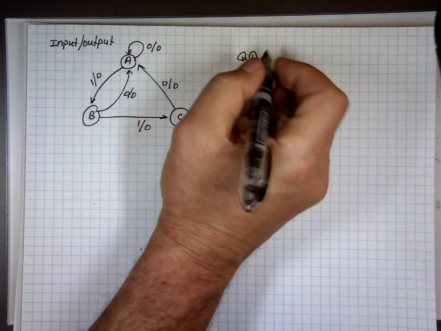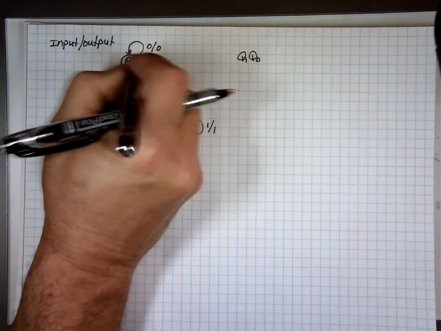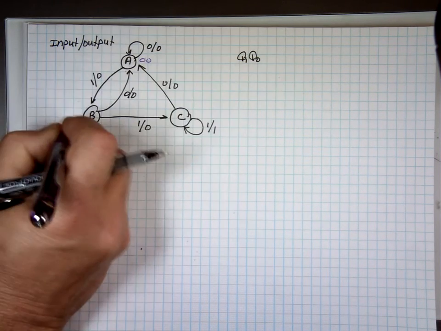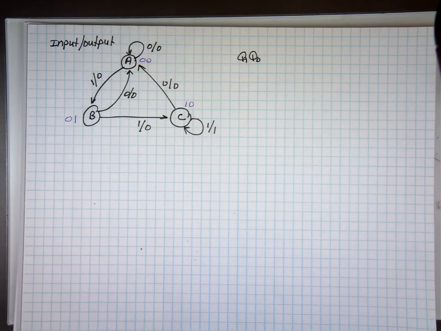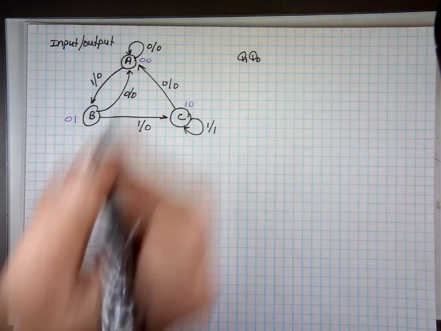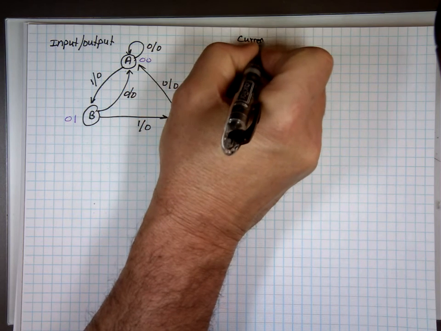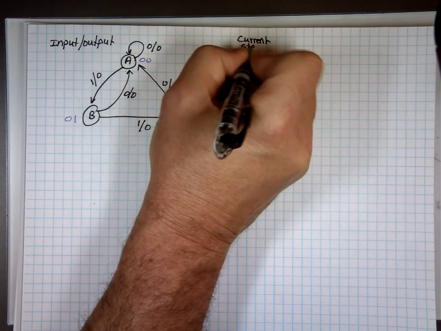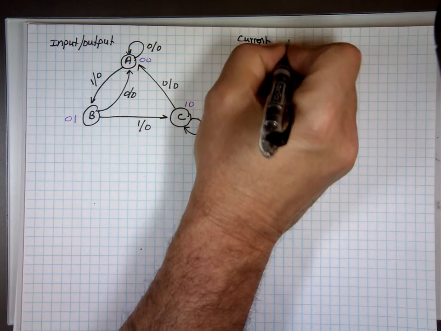I'll call A 0, 0. Maybe I'll call B 0, 1, and this is 1, 0. I'm not using the 1, 1. So that stays out. This is the current state. My input, I'm going to use X for input.